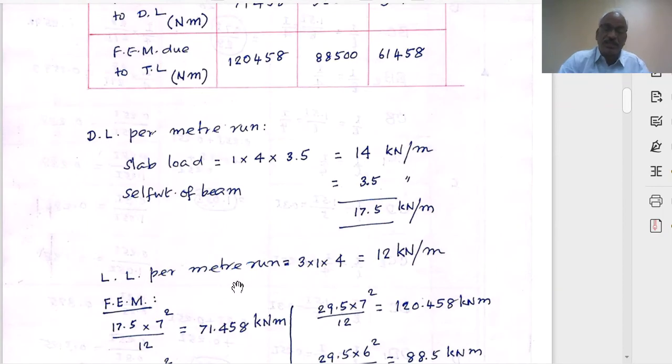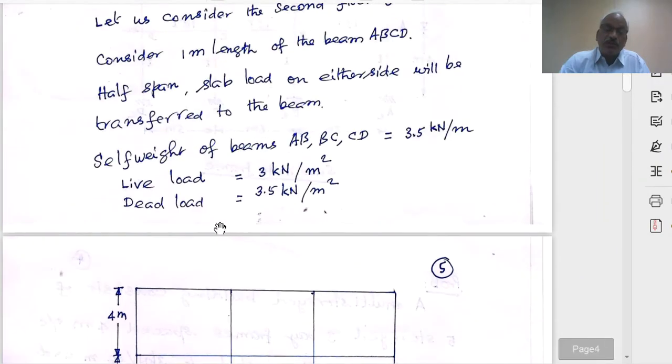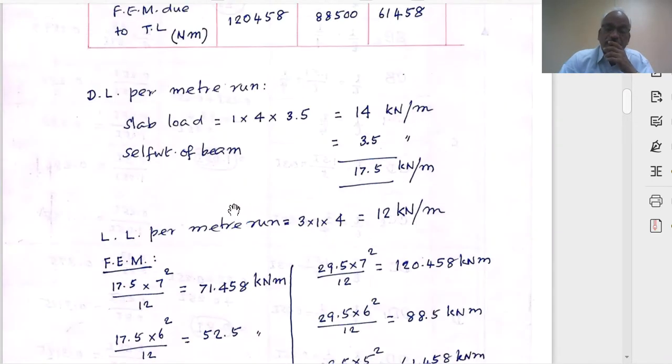Live load is given, again 1 meter length into 4 meters width of the slab. So 1 into 4 is the area of the slab per meter length of the beam, into 3 kilonewton per square meter. Live load is given as 3 kilonewton per square meter, so 3 into 1 into 4 will be the load. So live load is 12, dead load is 17.5.